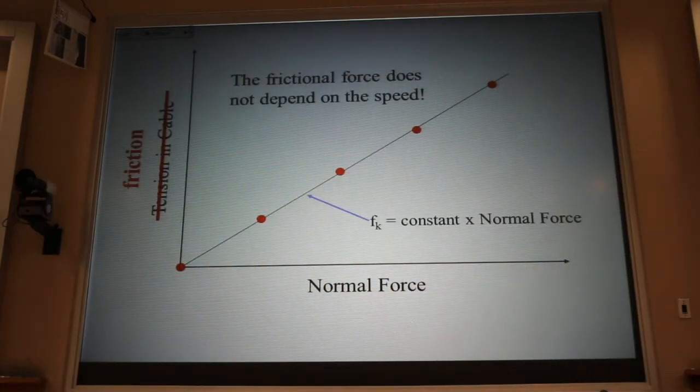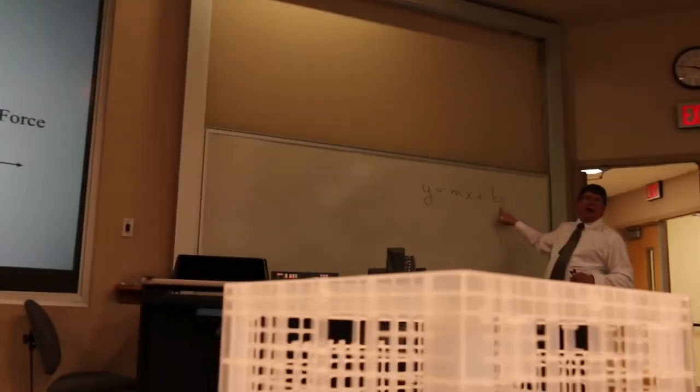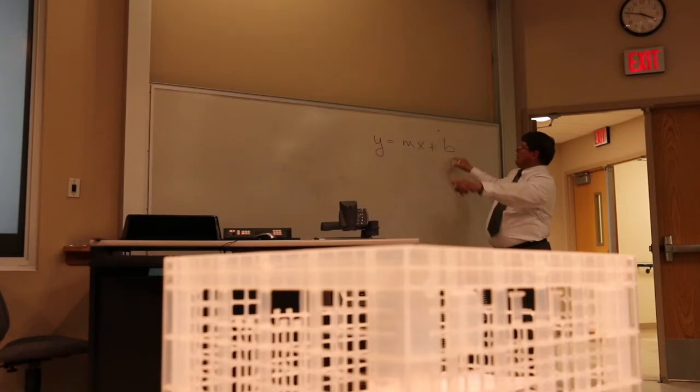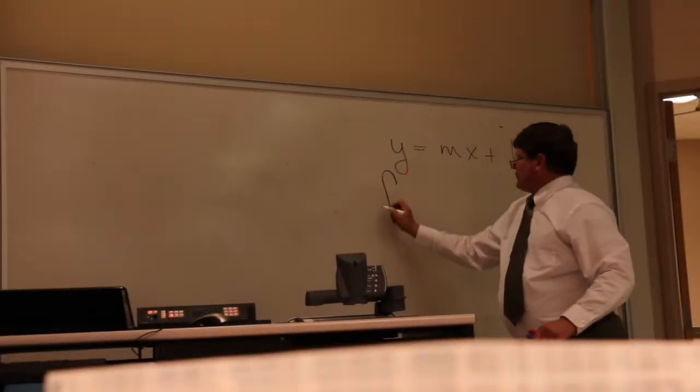Now, if I have a straight line graph, your math class suggests that the equation for it is y is equal to mx plus b. This is the slope. This is the y-axis, the x-axis. This is the y-intercept. That line goes through 0. The y-axis is the friction.